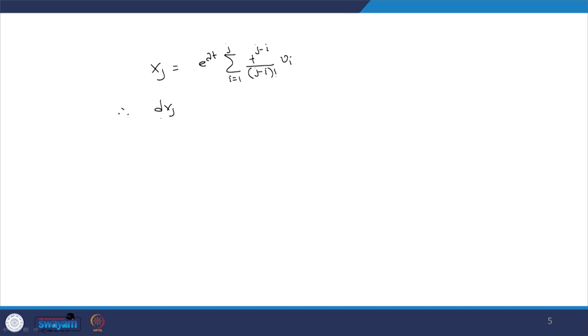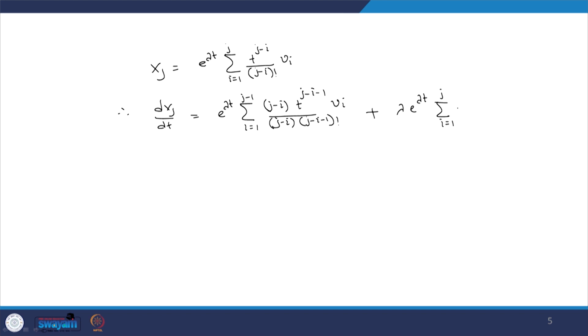So, dxj by dt will be equal to how much? This will be e to the power lambda t into the sum from i equal to 1 to j minus 1 of (j minus i) t to the power j minus i minus 1 divided by (j minus i) into (j minus i minus 1) factorial, into Vi, plus lambda times e to the power lambda t into the sum from i equal to 1 to j of t to the power j minus i by (j minus i) factorial and Vi.